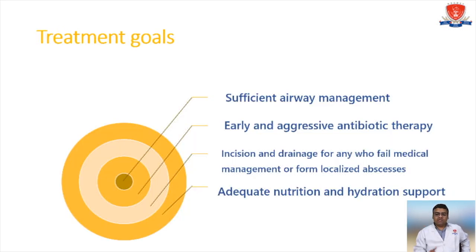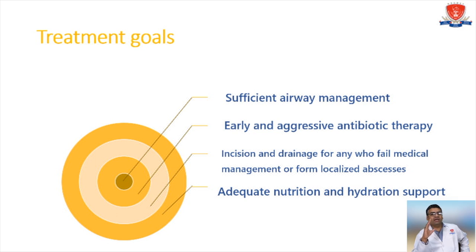Treatment goals: first, airway management has to be secured. Early and aggressive antibiotics should be given. Incision and drainage for those who fail medical management and have a localized abscess.